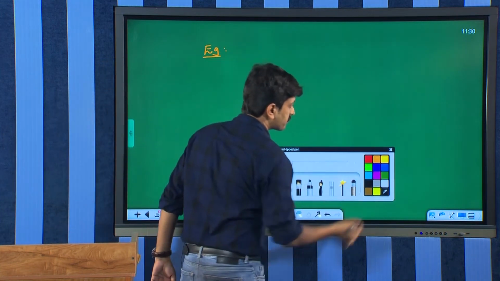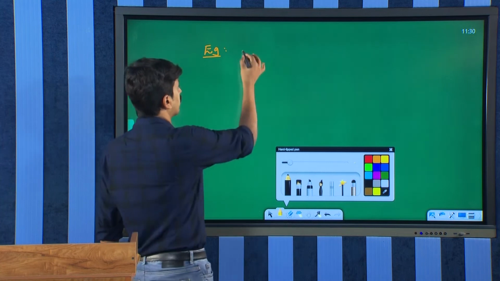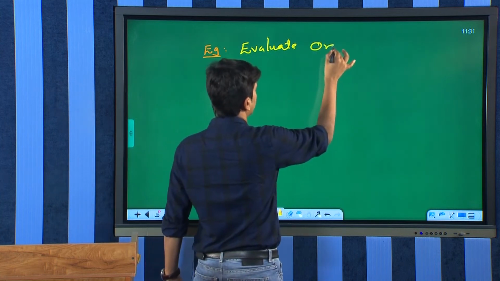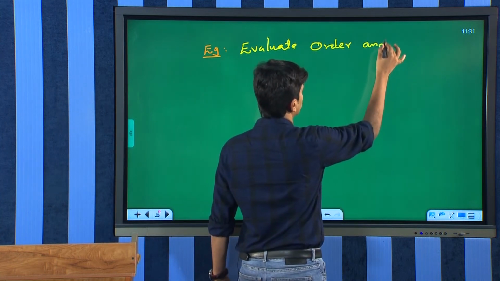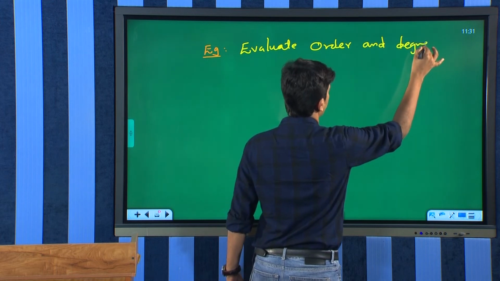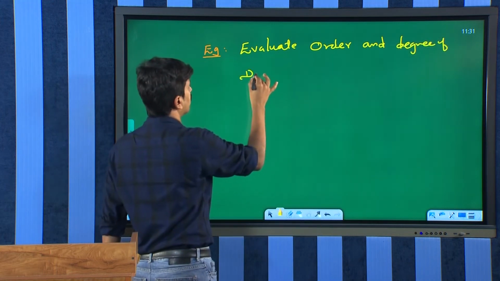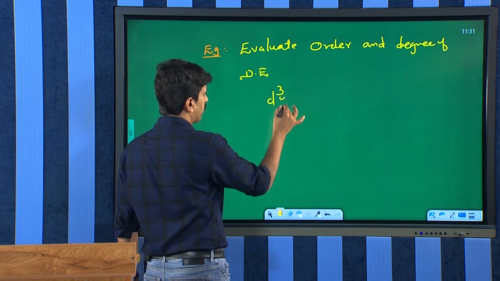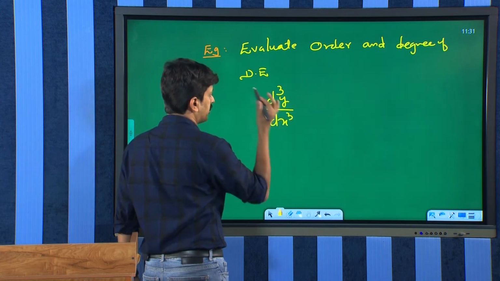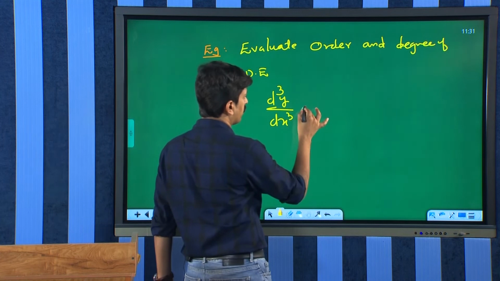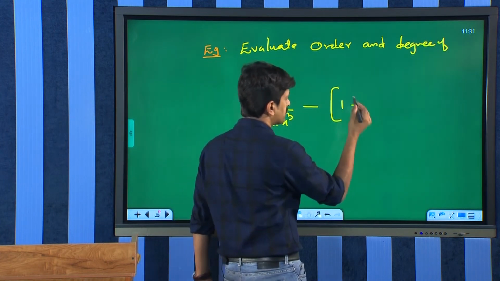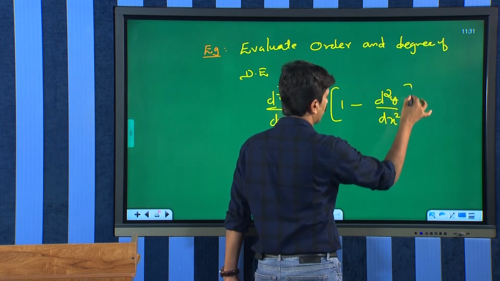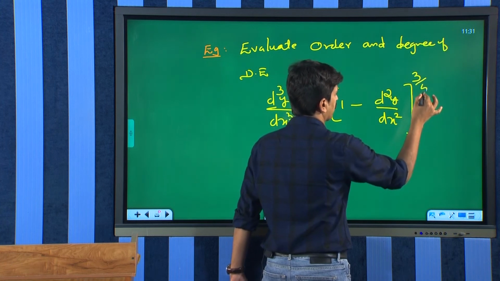In this example, we evaluate the order and degree of the differential equation: d³y/dx³ = minus 1 minus (d²y/dx²) whole raised to 3/5 is equal to 0.